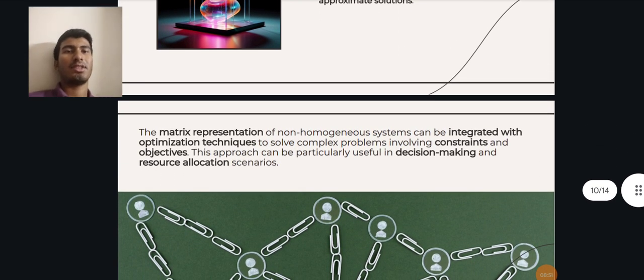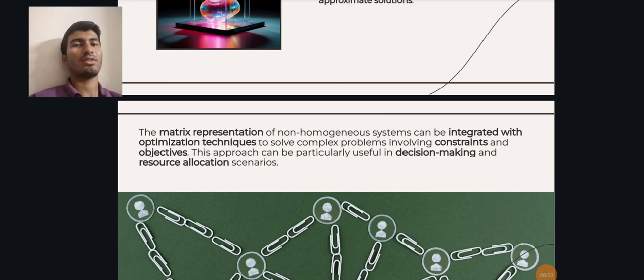Matrix representation of non-homogeneous systems can be integrated with optimizing techniques to solve complex problems involving constraints and objectives. This approach can be particularly useful in decision making, just like the salesman problem.